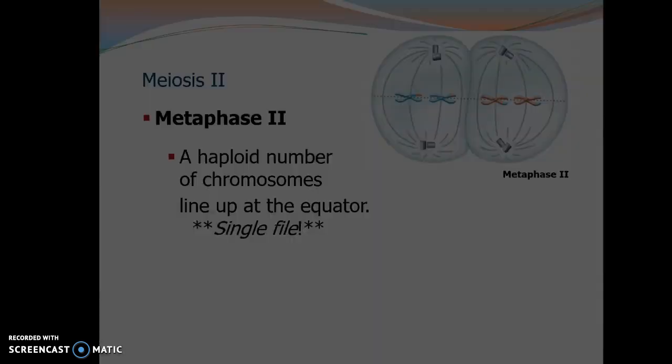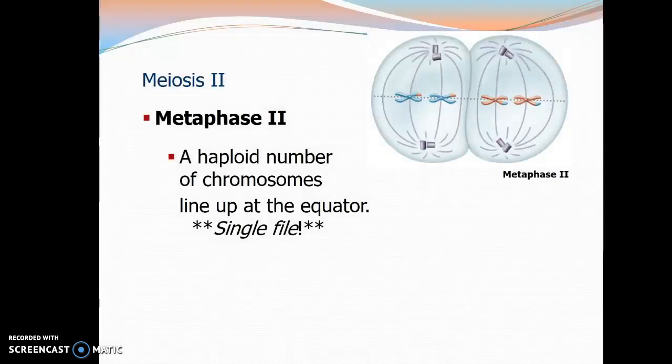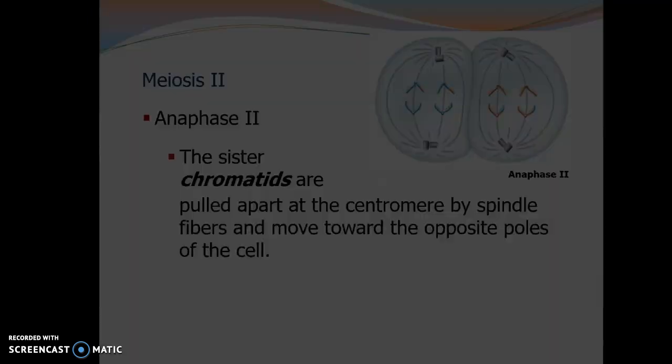Okay, metaphase 2, you have a haploid number of chromosomes, so they're lining up at the equator, but they're lining up single file. So that is a key difference between metaphase 1 and metaphase 2. Metaphase 2, the chromosomes are lining up single file.